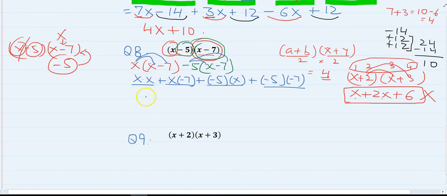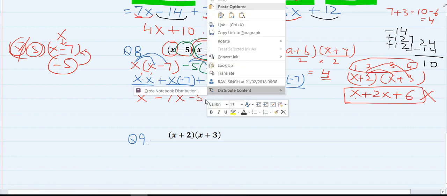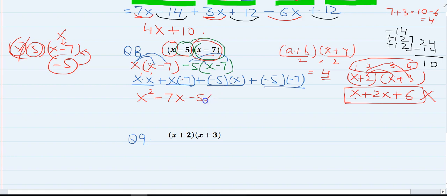So now x multiply x will be, we know that we have to add these two powers, x square. There's minus and positive, so it's minus 7x, again minus and positive, so minus 5x. Then we have two negative signs, negative and negative, positive. 5 times 7 is 35.